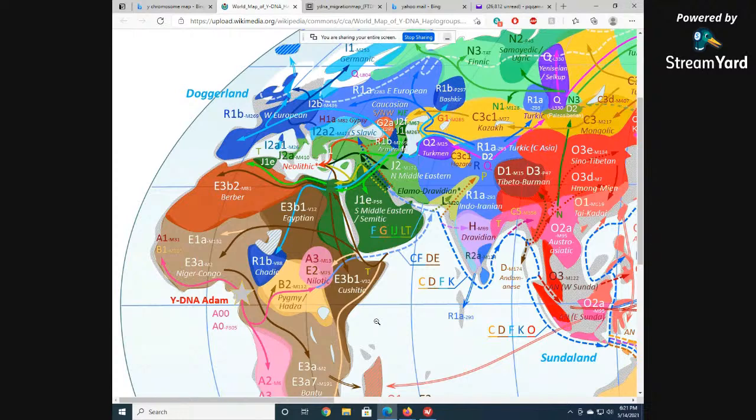So they had to divide it up in another way to identify the different groups. And so here we have the different groups divided up here. It's the M81 Berbers, the V12 Egyptians, the V32 Cushites. But they're all obviously E3. They all obviously belong to the same Hamite African paternal descendants.